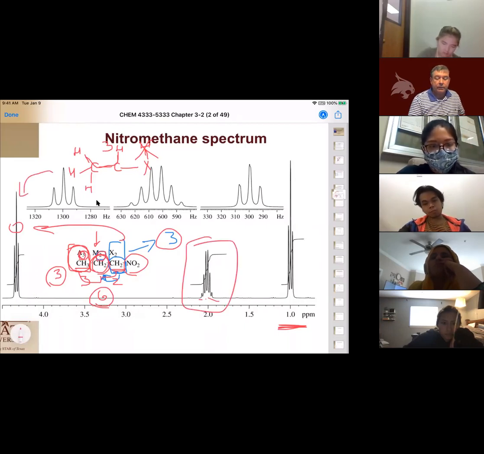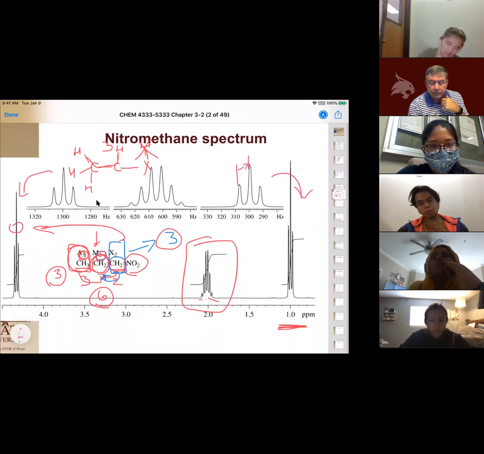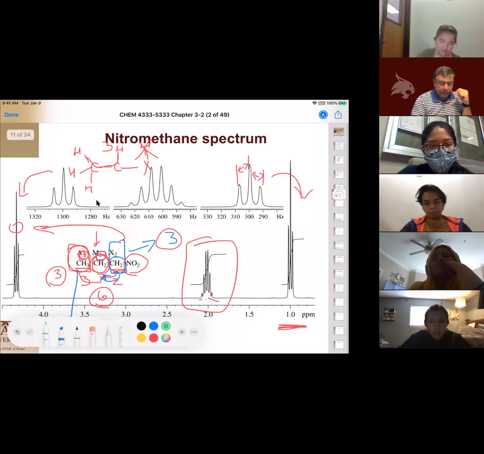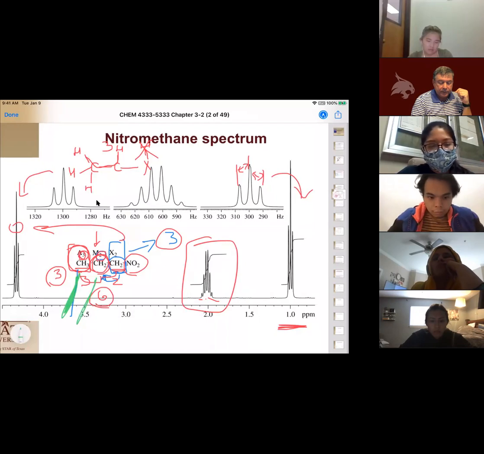And this is a blow up of these. Notice these blow ups are done not in ppm, but in hertz. Which means if we take the peak to peak distance here, we can calculate these two should be identical, and that's the coupling constant associated between, let me use a different color, the coupling constant between these hydrogens and these hydrogens is JAM.